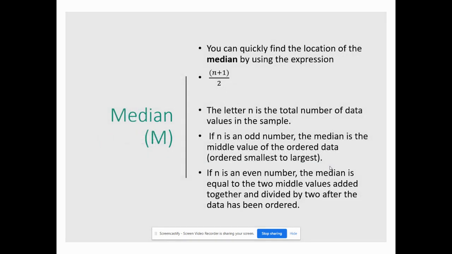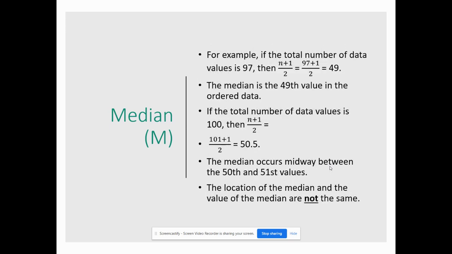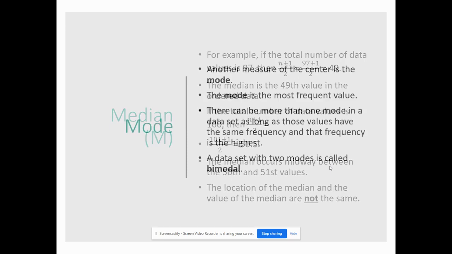For the median, we do this as (n+1) divided by 2, and we find the location. I posted this up here. You're never going to have to figure this out for this class because Minitab is going to do it for you. I show you how to do it, but you don't have to worry about doing it by hand because of Minitab.